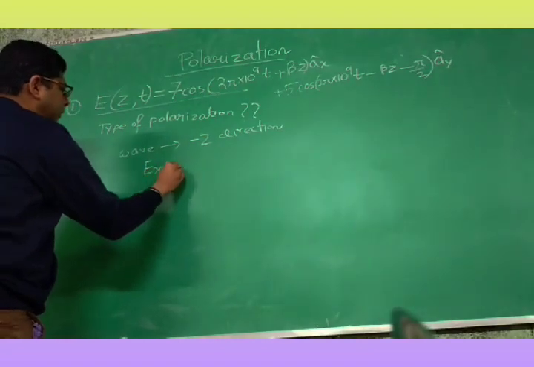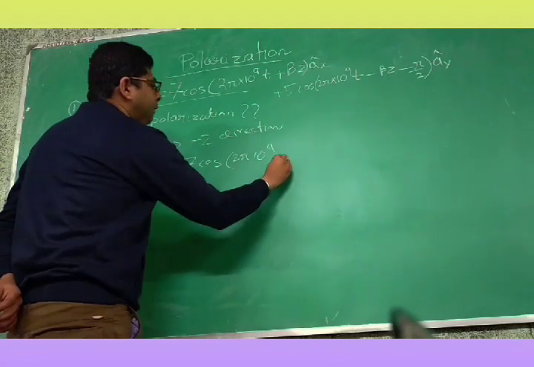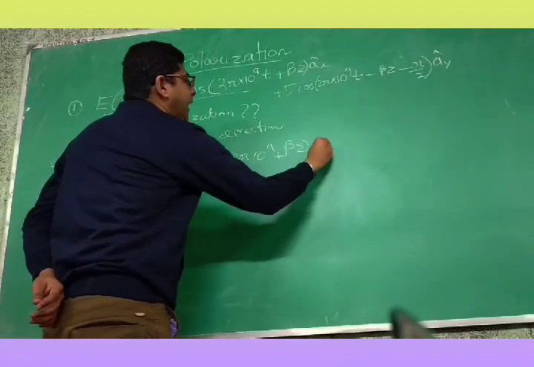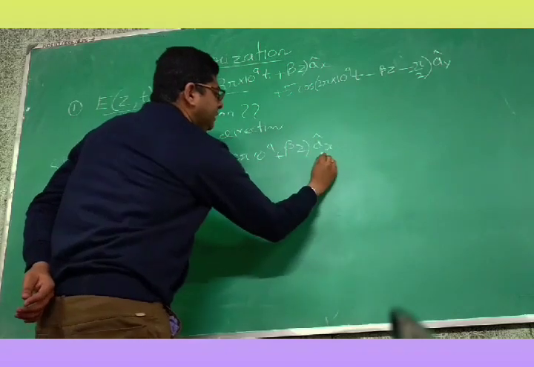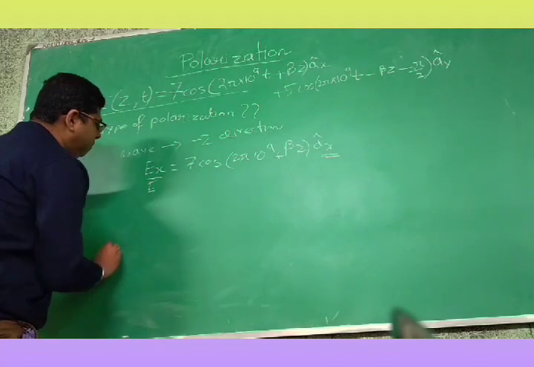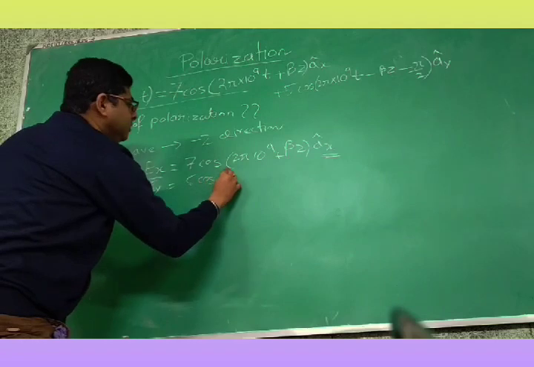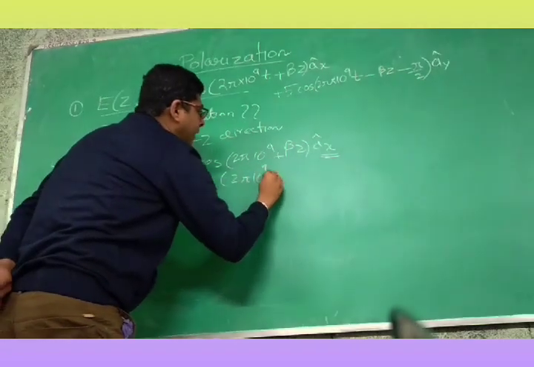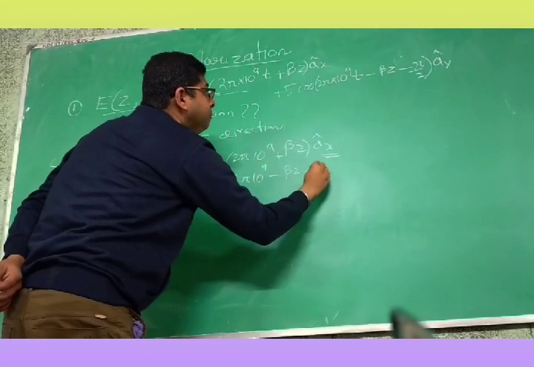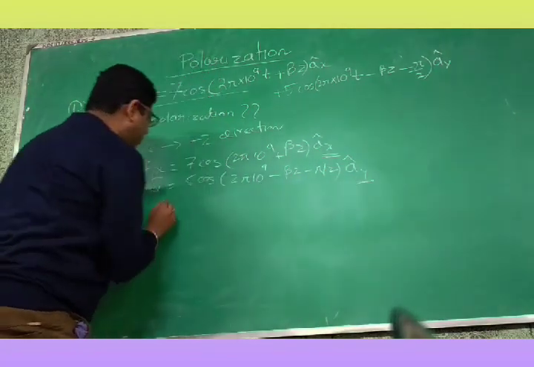The x component is 7 cos(2 pi 10^9 t plus beta z) a_x cap. This signifies that it is an x component. Similarly, the y component will be 5 cos(2 pi 10^9 t plus beta z minus pi by 2) a_y cap. So this is the y component.